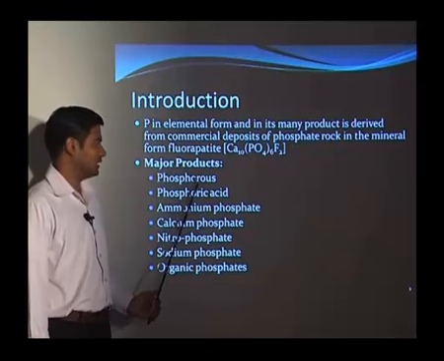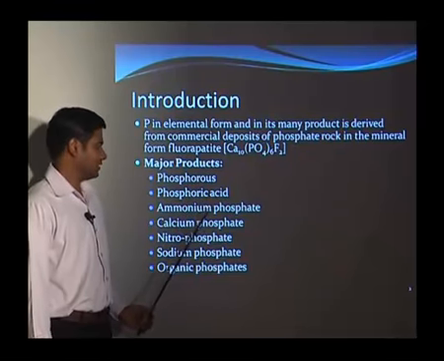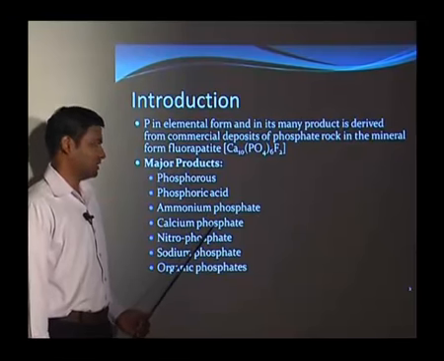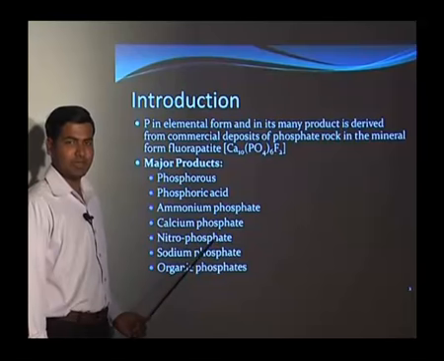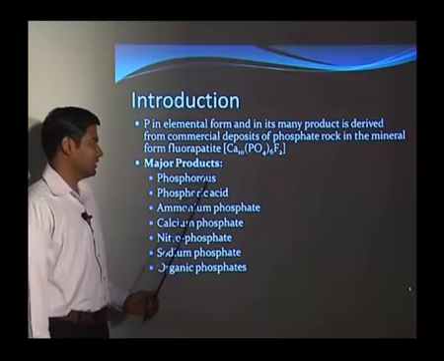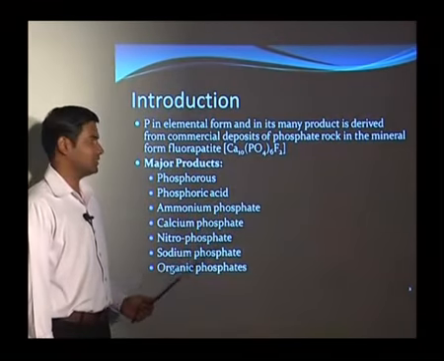Then we have phosphoric acid, that is H3PO4, then ammonium phosphate that we have seen earlier, then calcium phosphate, nitrophosphate, sodium phosphate and the organic phosphates. We will discuss each and its production method in the further slides.